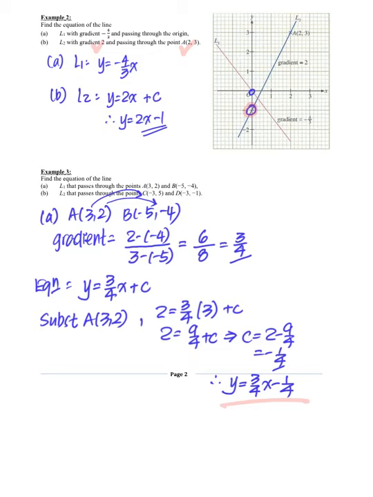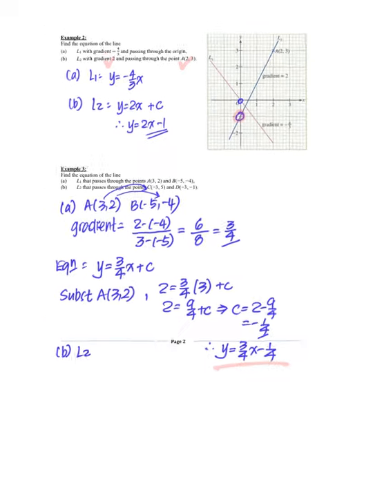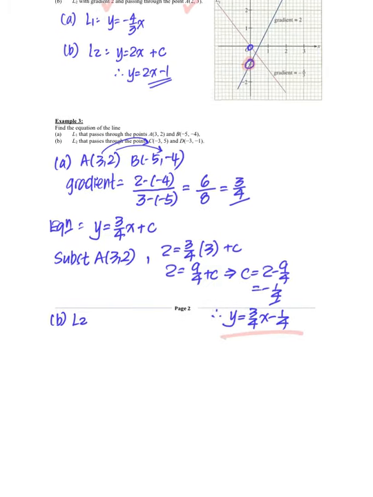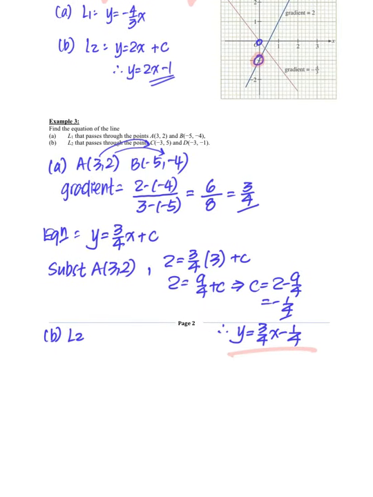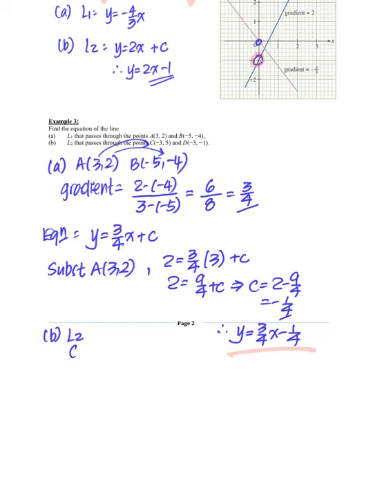The second line, L2, passes through the point C, which is -3, 5, and D, -3, -1.